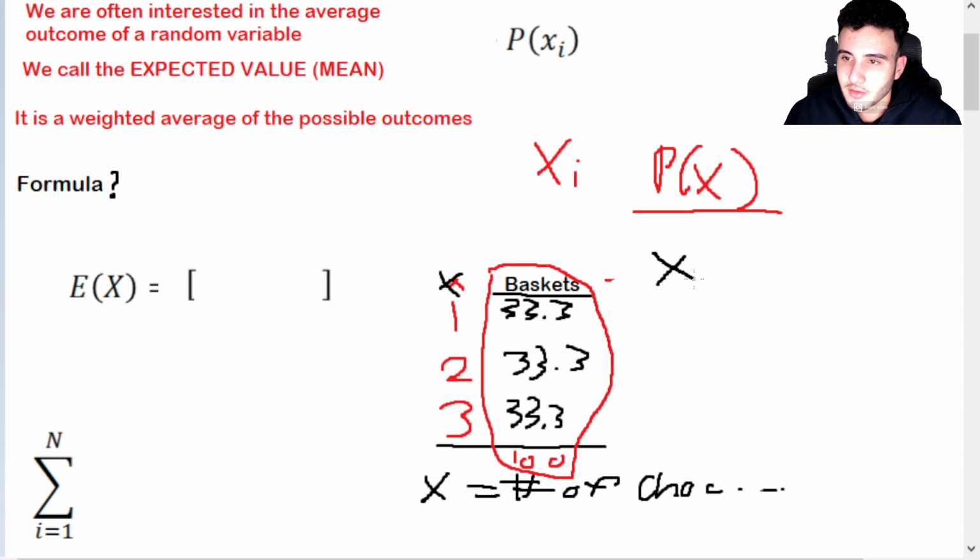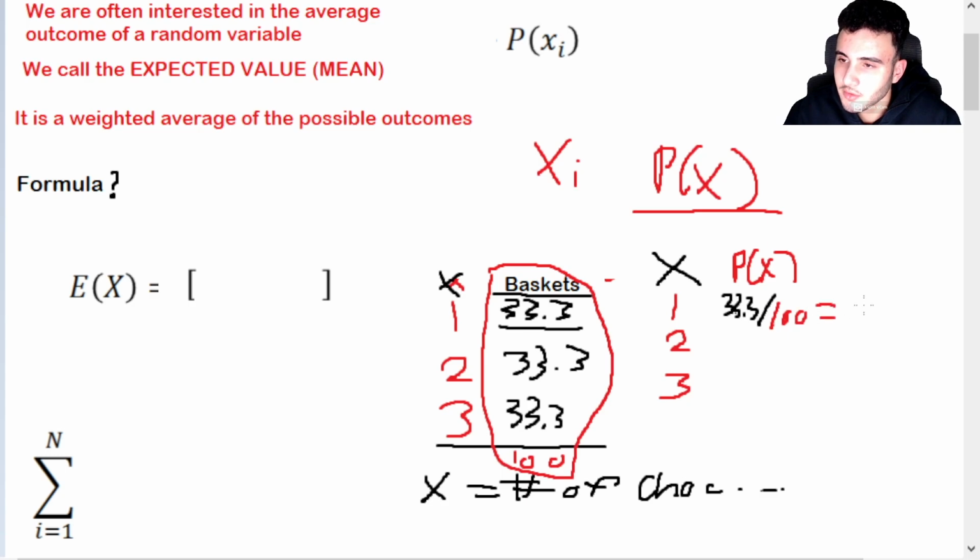So we take x, we'll have 1, 2, 3, and then we'll find the probability of x by taking the number of baskets, which is 33.3, and dividing it by the total amount of baskets, 100. This gives us 0.33.